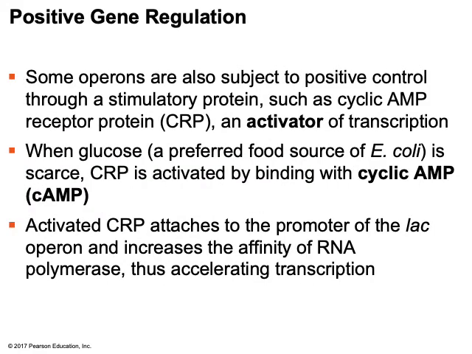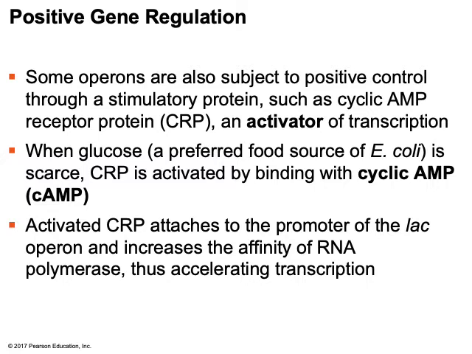So sometimes we're going to have positive gene control, not an off switch, but an on switch. One good example is the positive control through a stimulatory protein. Specifically, the one that's mentioned in the book is the CRP, or cyclic AMP receptor protein. Okay, this is going to be an on switch.